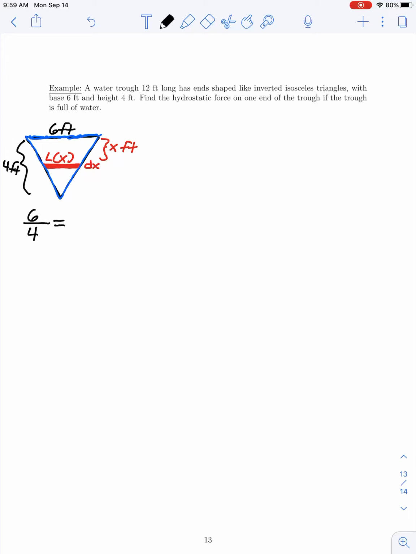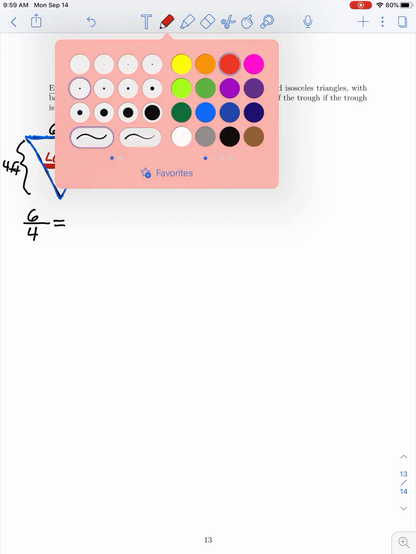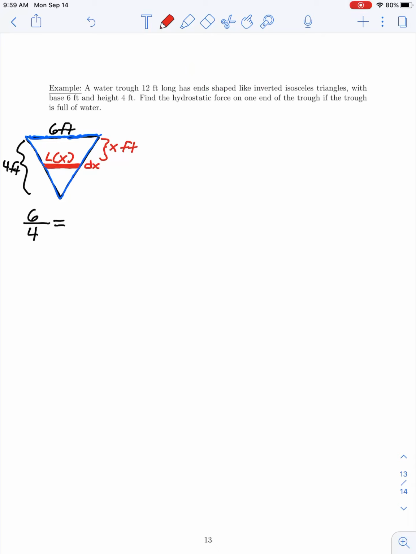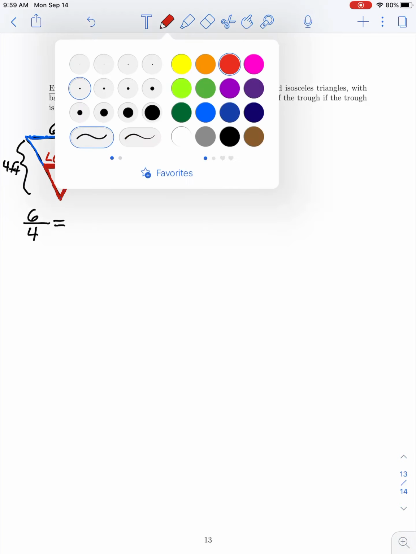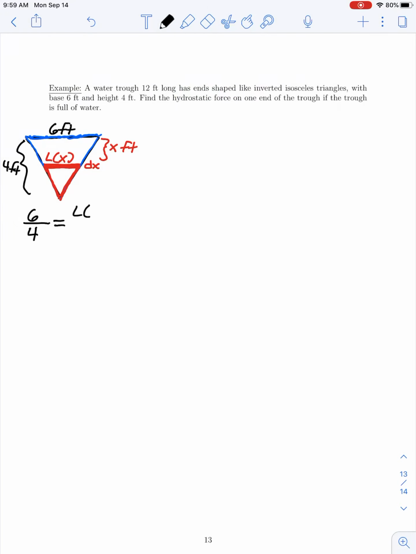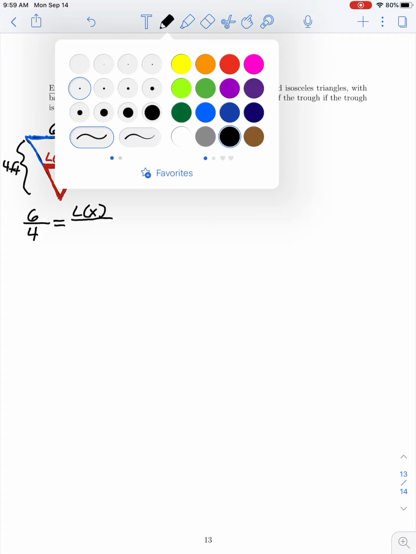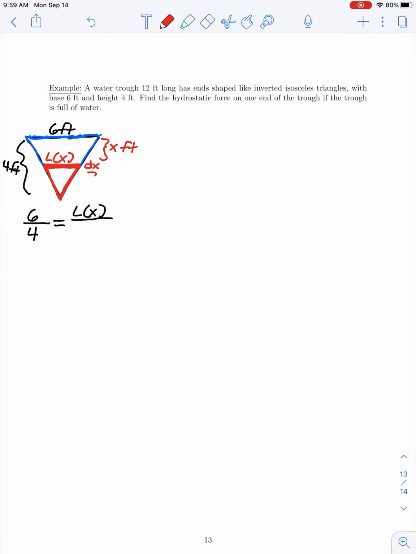So this ratio, 6 to 4, has to be the same ratio as the base to the height of this smaller triangle. So here, the base of that triangle was our length, L of x, and the height, well, let's think about it.